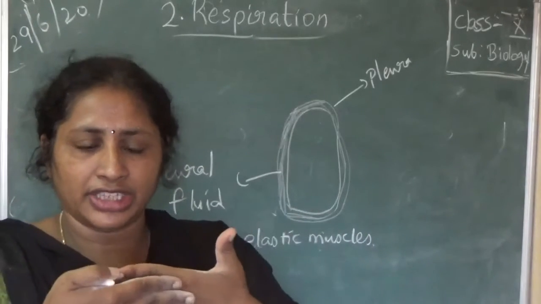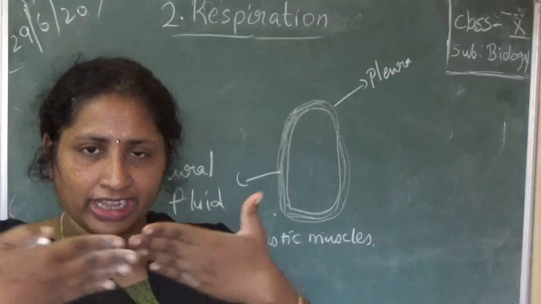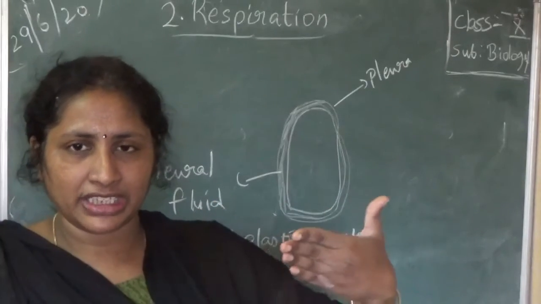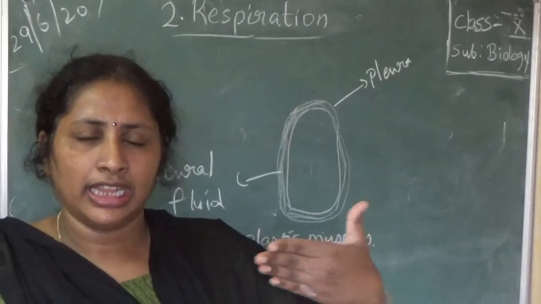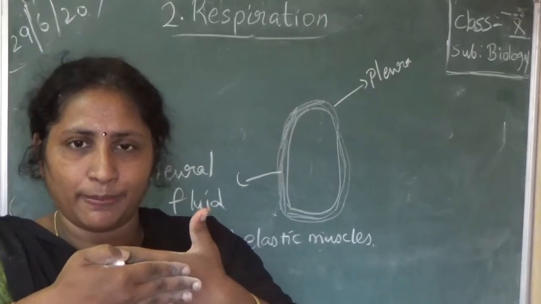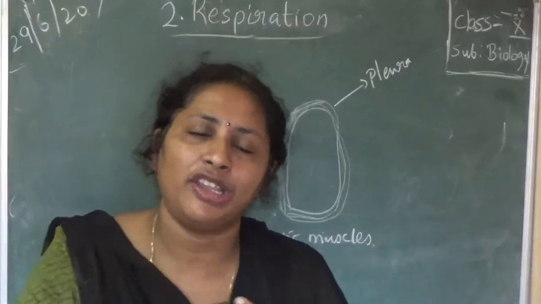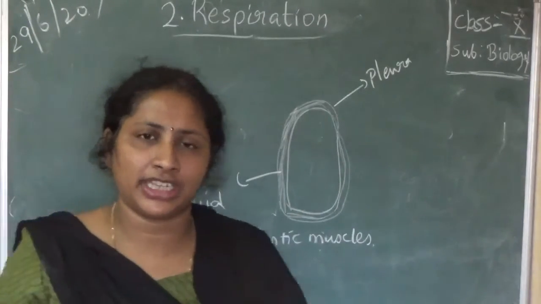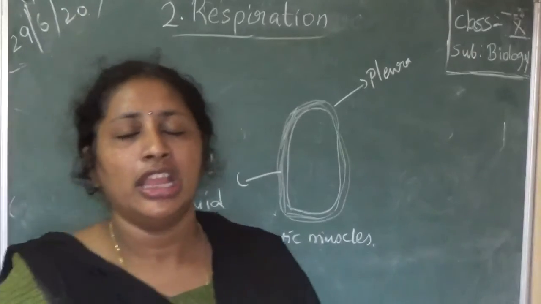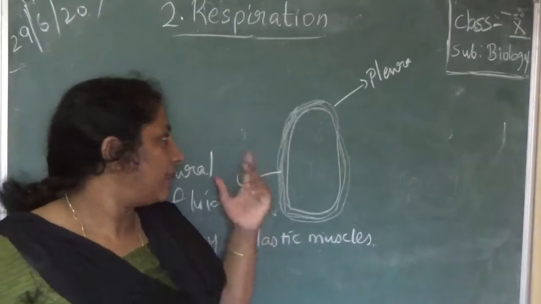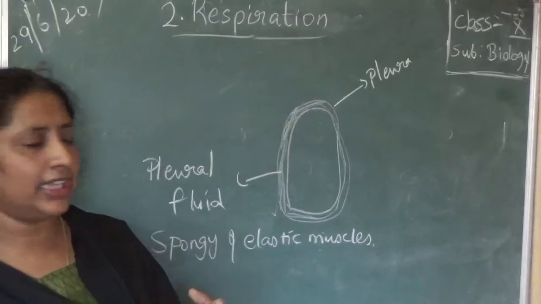For contraction, they will slide one upon the other. While expansion, they will move forward. Again contraction, they again slide upon one another. So while doing this, there will be some pressure or friction created. To remove that, the pleural fluid helps these muscles.